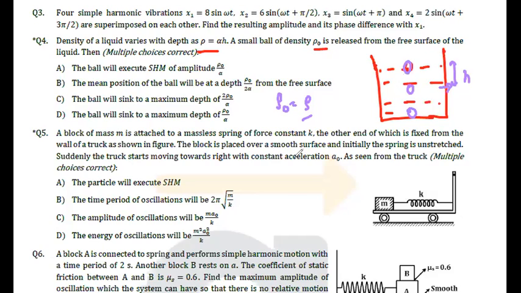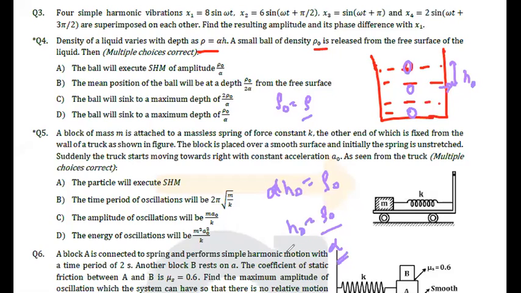So I can say, this height h, I'll just write down as h naught. So alpha into h naught should be equal to rho naught. This height h naught is equal to rho naught by alpha.